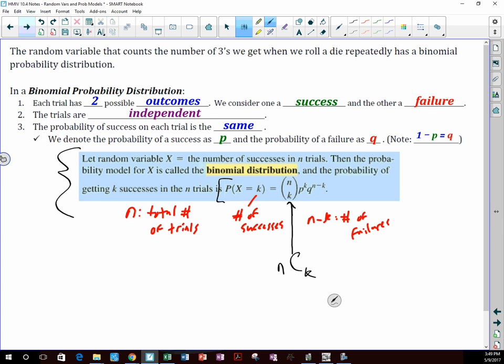And we're just using k instead of r like we did when we did combinations earlier. And then you take your probability of success to the number of successes that you want to have, and the probability of failing to the number of failures that you have. And n minus k will give you the number of failures, because n is your total number of trials. If you subtract the number of successes, that'll give you the number of failures that you're going to have.